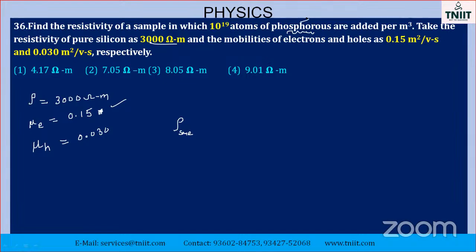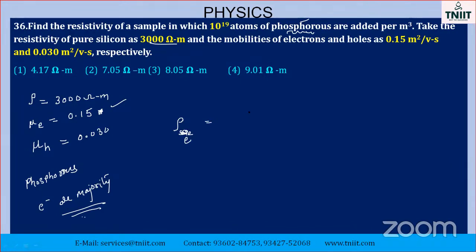Phosphorus means it contains electrons as majority charge carriers. So you have to find the resistivity for the electron.